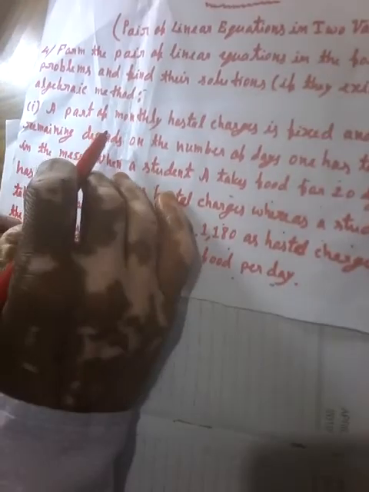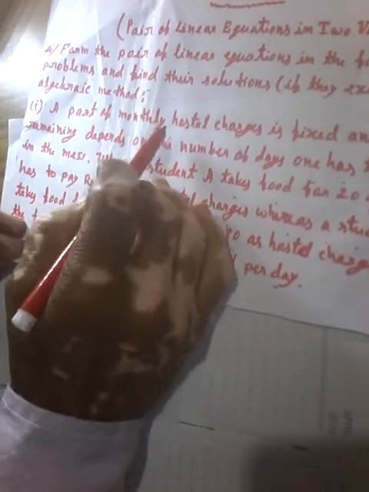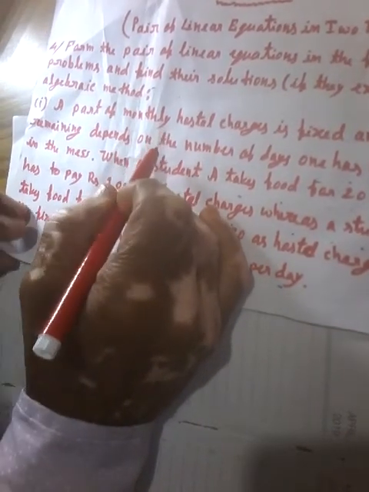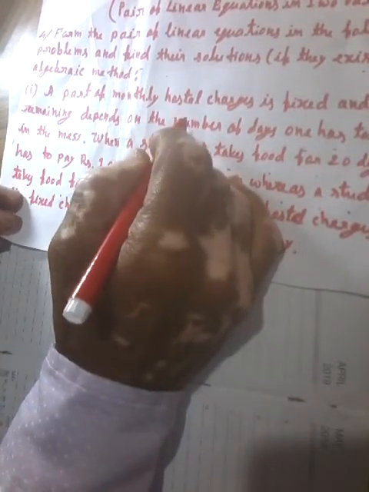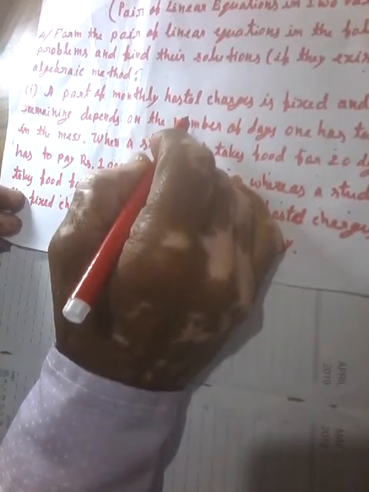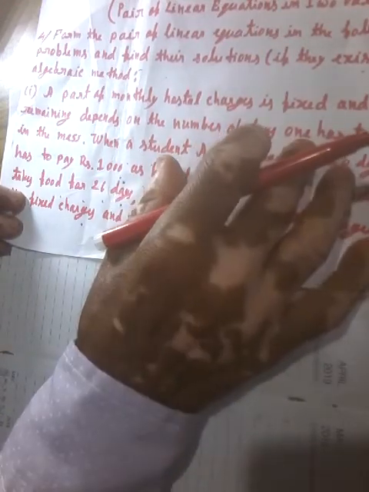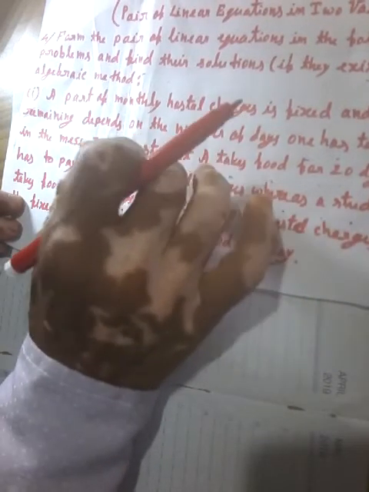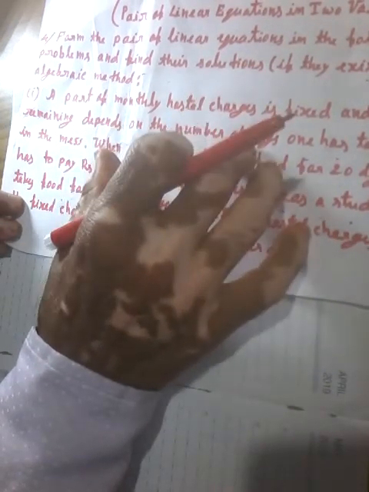That means if a student stays at that hostel according to the rules and regulations of that hostel, he has to pay a bill or hostel charge after a complete month, and the bill is divided in two parts.